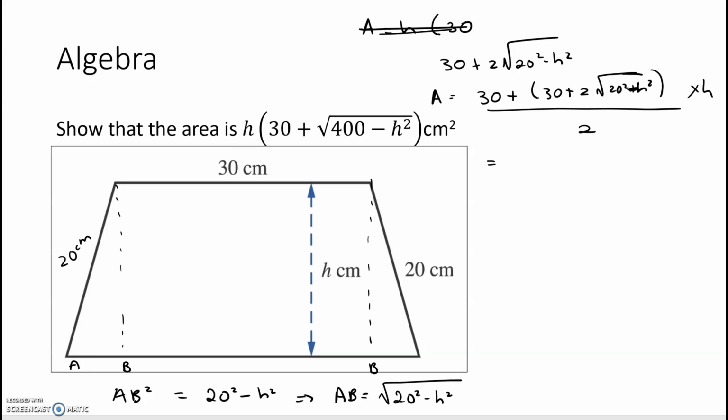And if we work that out, it is what we're looking for. And make sure you can follow that through.